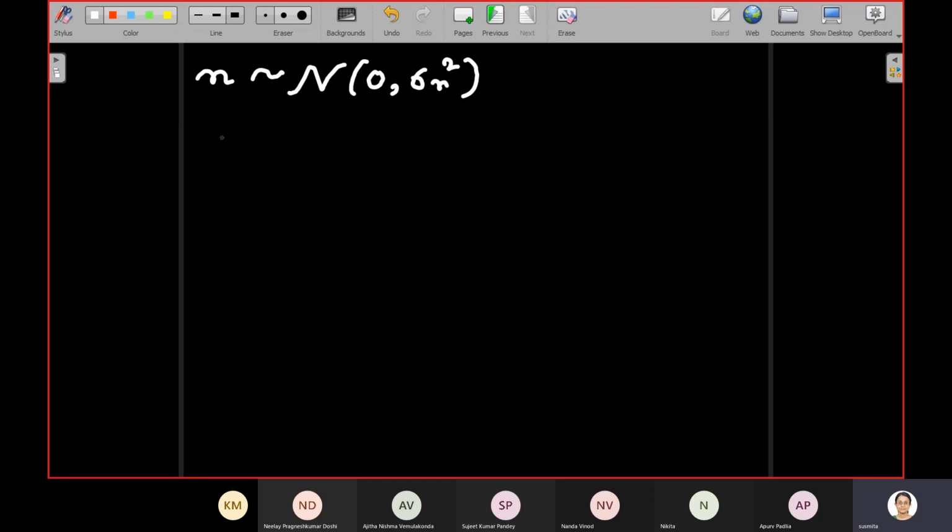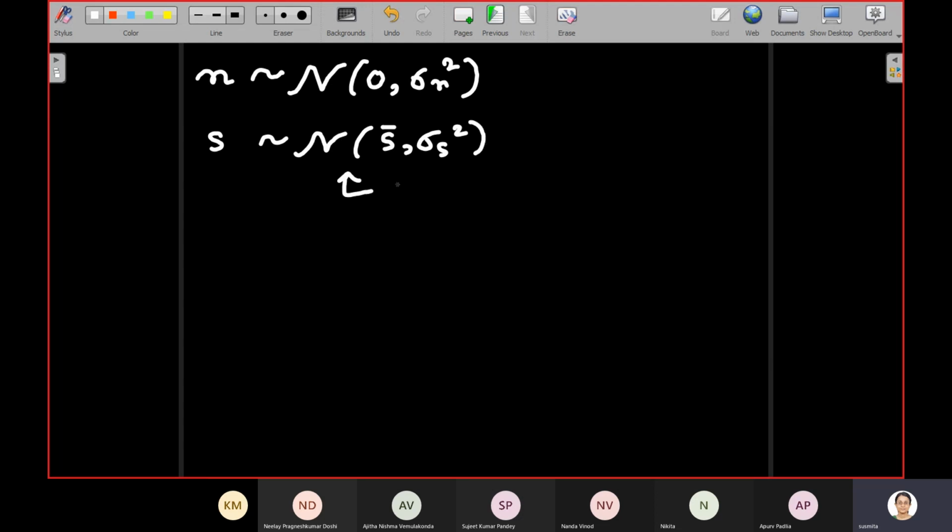Then S is what we want to estimate, but we have some prior knowledge about S, which is given by a prior distribution of S, which is again Gaussian distributed with some mean S bar and variance sigma S square.